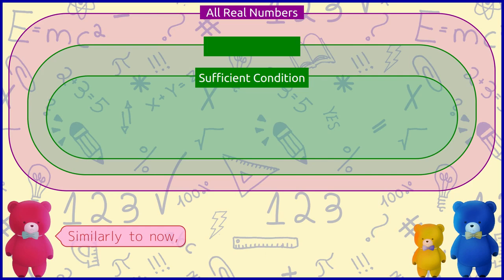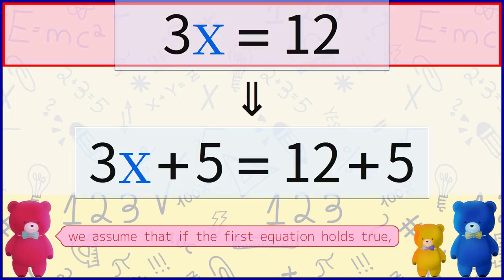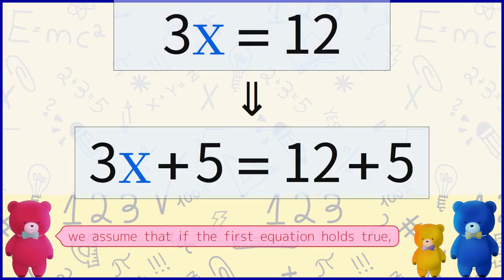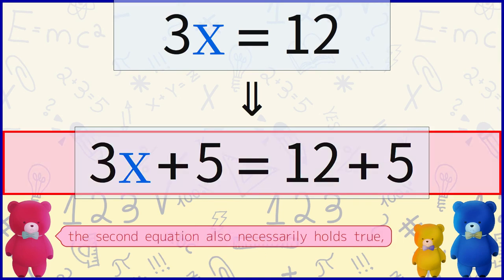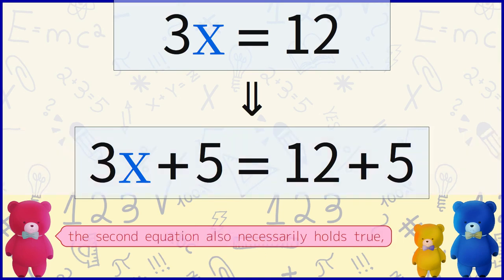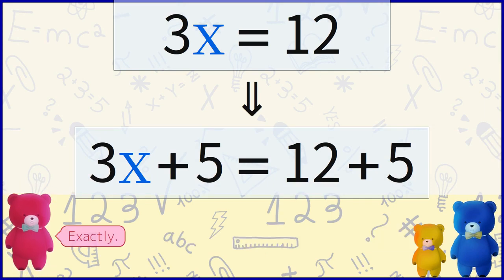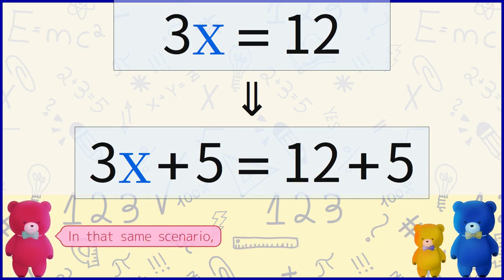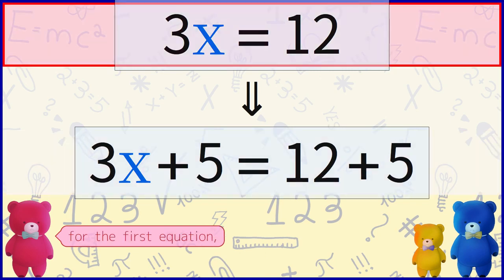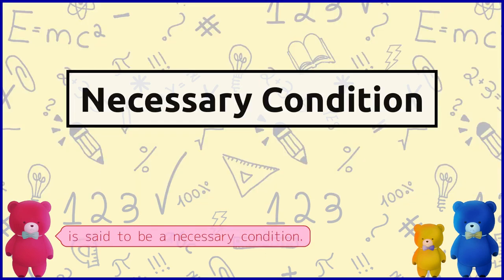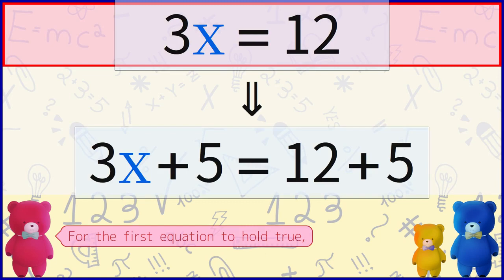Similarly to now, we assume that if the first equation holds true, the second equation also necessarily holds true. The situation hasn't changed, right? Exactly. In that same scenario, the second equation for the first equation is said to be a necessary condition for the first equation to hold true.